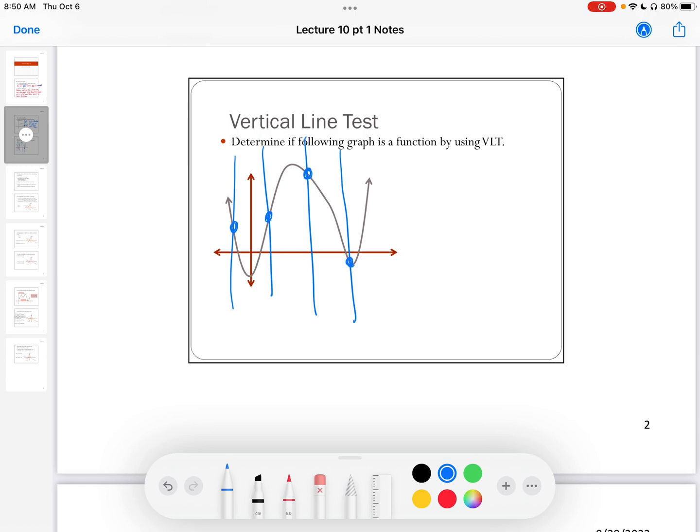Okay, so we could say this is a function, and we know it is a function because it passes the vertical line test. Okay, so first part about this, again, just defining what a function is based on its graph.